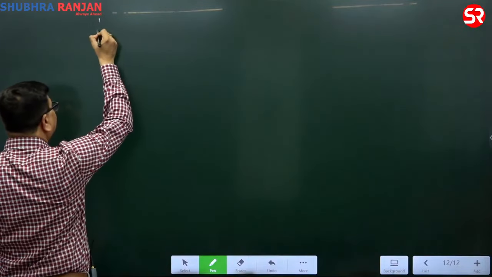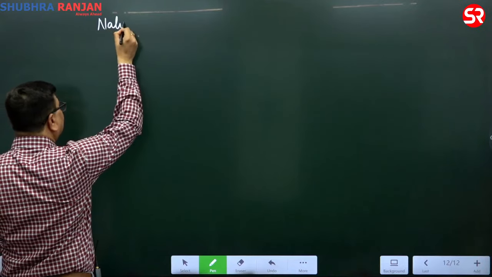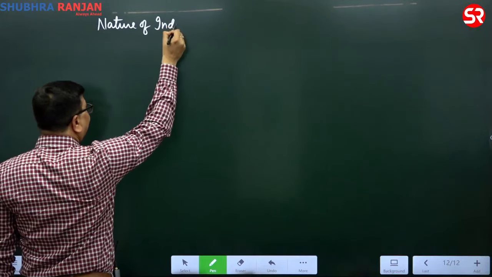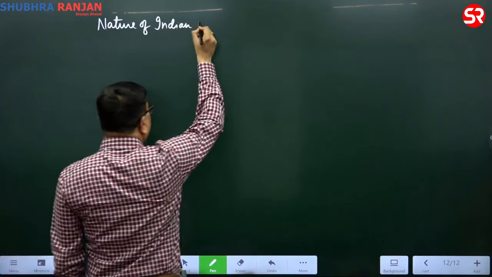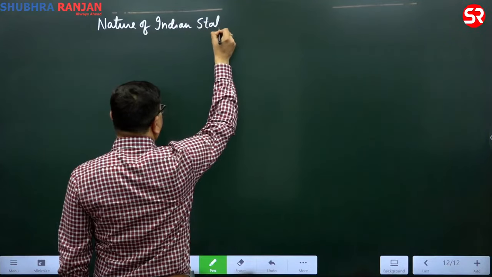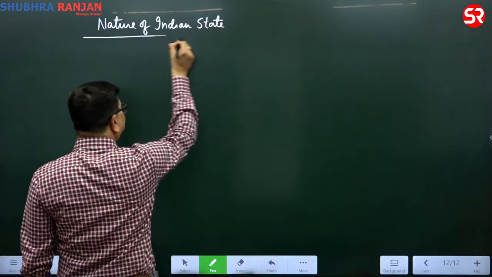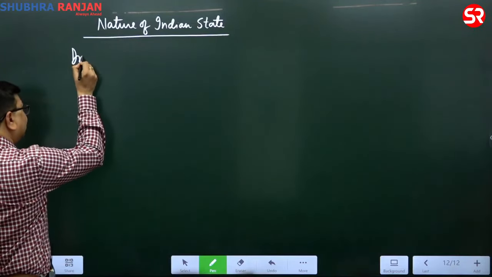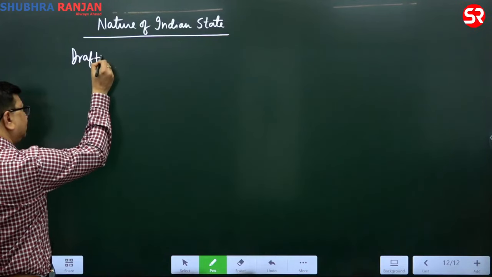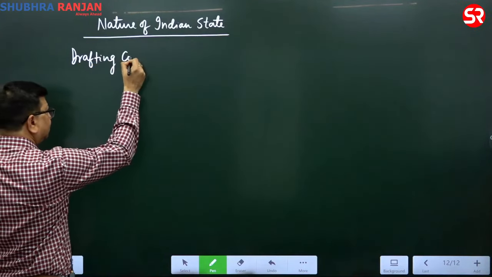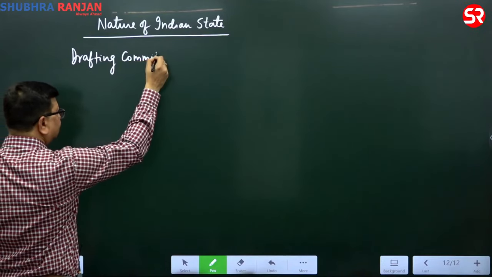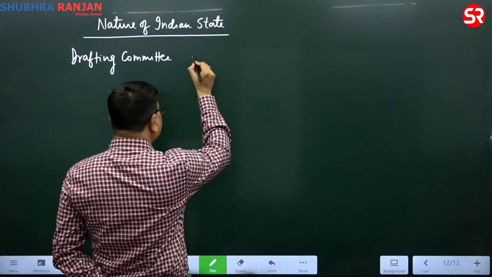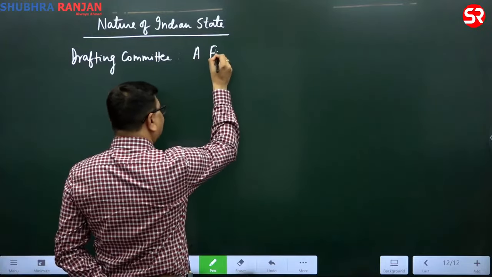Here, if we talk about the nature of the Indian state, the drafting committee held that India was a federal system.